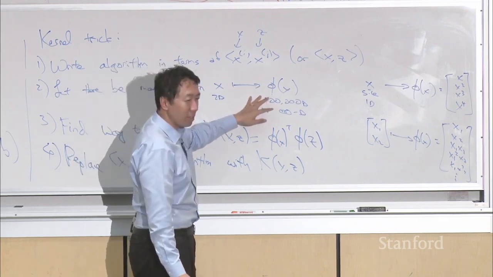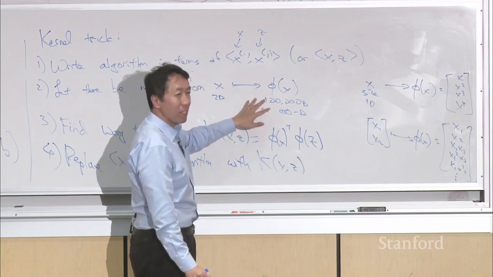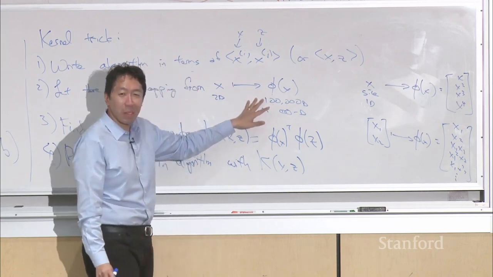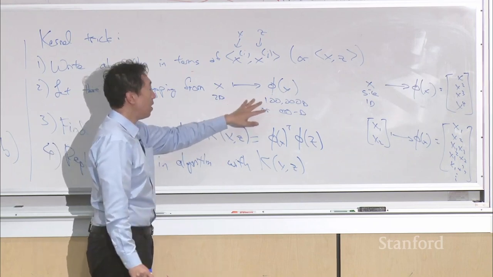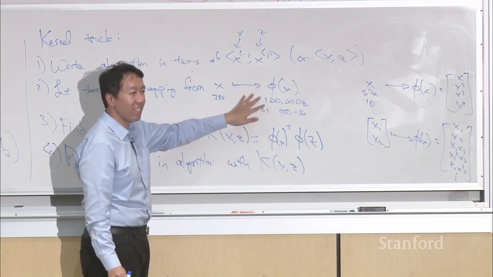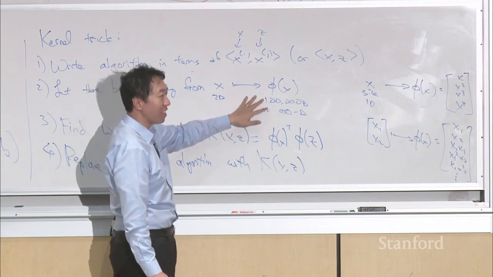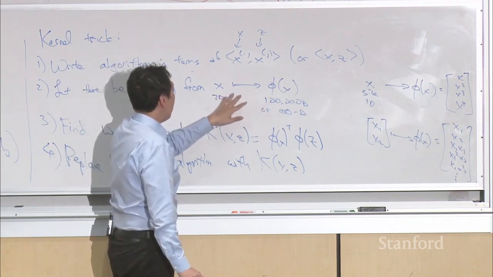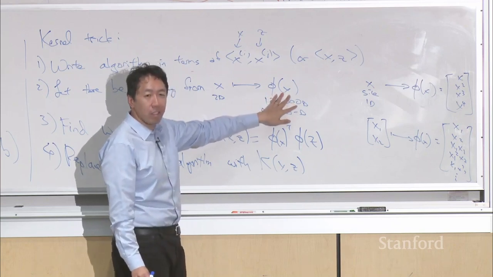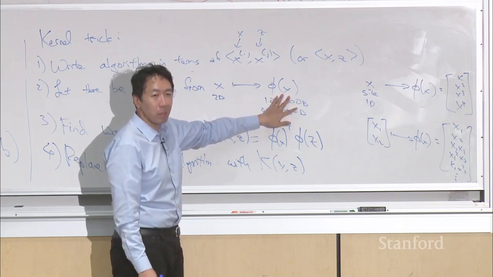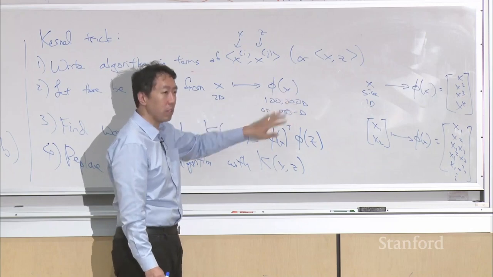Actually, the biggest I've seen is like 1 billion features. But even by today's standards, 100,000 features is quite a lot, especially with a large training set. It's quite computationally expensive to carry around these 100,000 or million or 100 million dimensional feature vectors or whatever.